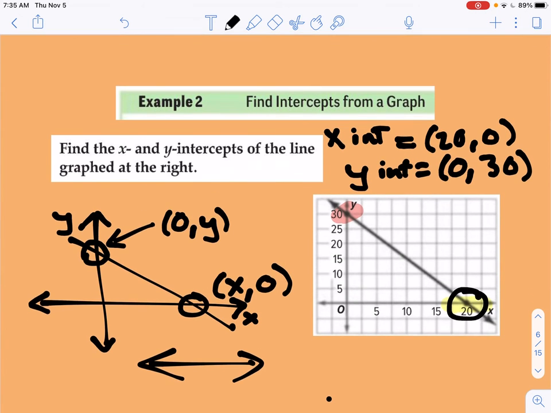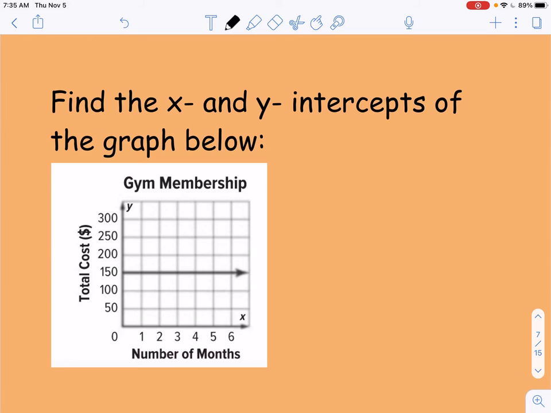Let's look at another example. It says find the x and y-intercepts of the graph below. So if we look at what this represents, it's gym membership at 0 months. Your total cost is 150, but you'll notice that as the months go up, your cost stays the same. So this must be like a flat fee that you pay. It doesn't matter if you go there for 1 month or 6 months, it's still going to cost you 150.